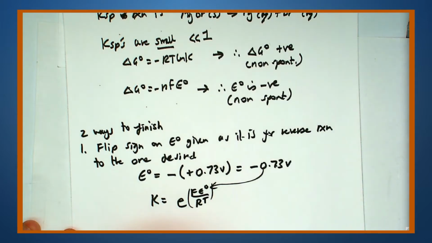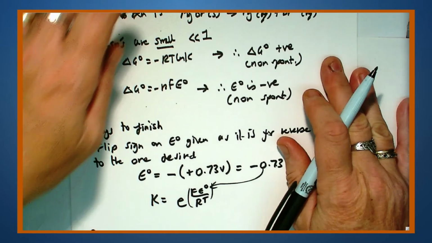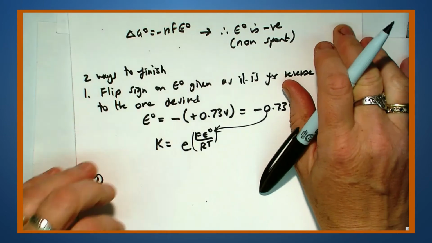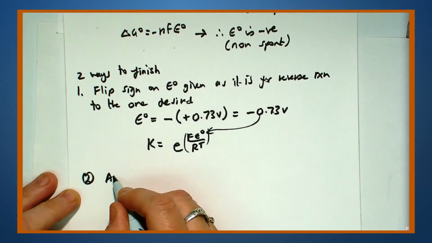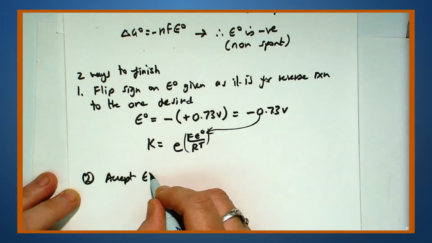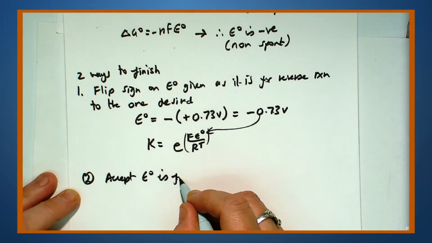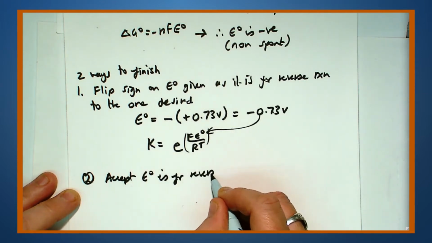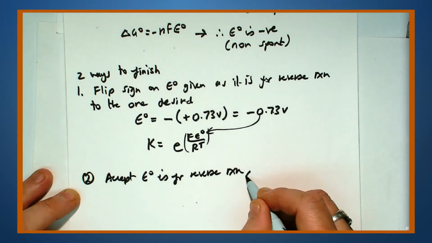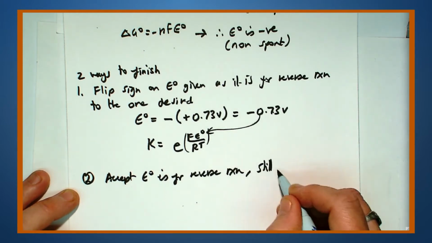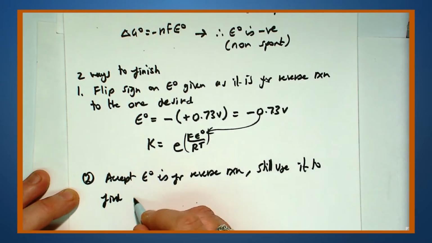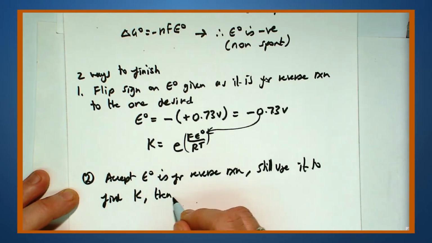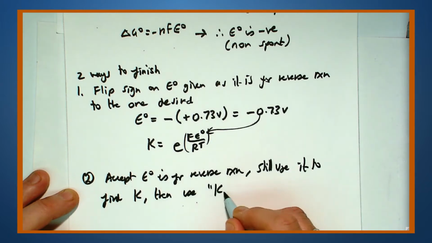Or, number two, we can say, accept that E0 is for the reverse reaction, still use it to find K, then use K tricks.